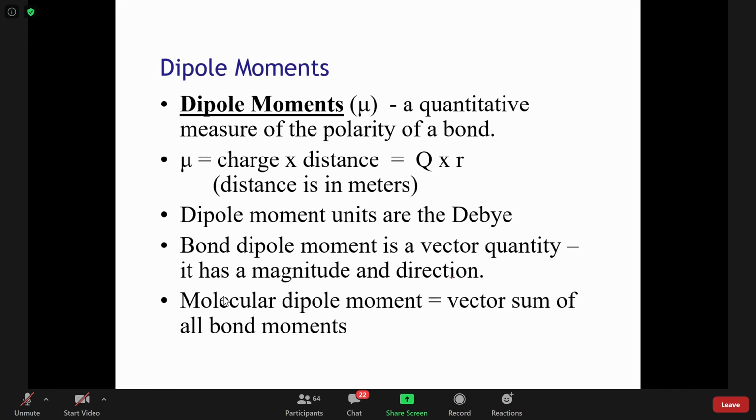Any vector quantity has both a magnitude, a size, and a direction.